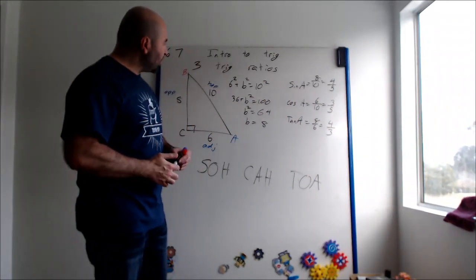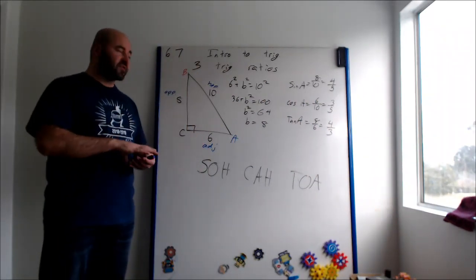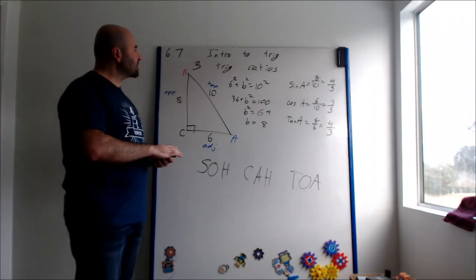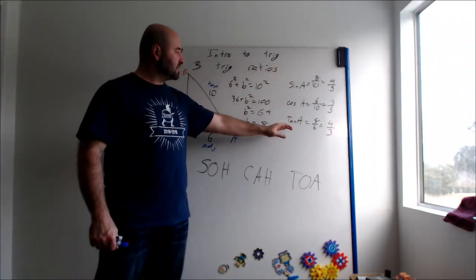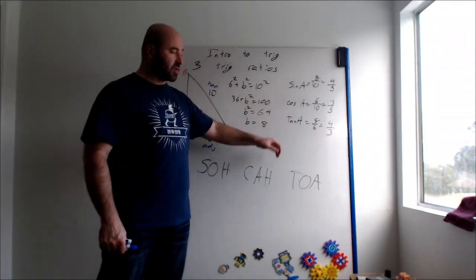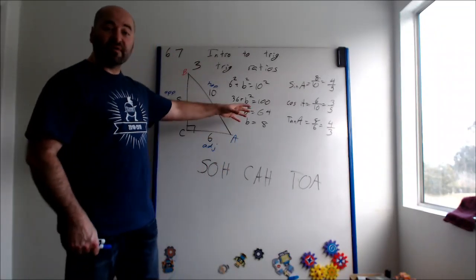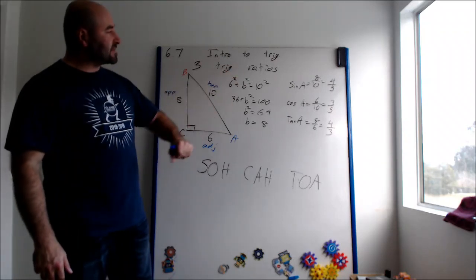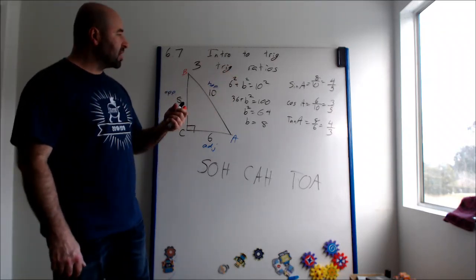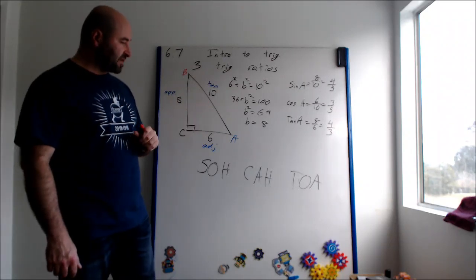And that's kind of all you're really asked to do in this first section on the intro, is just to get some practice on setting up these ratios. They will get more complex and more complicated as we move on, but for now, you're just setting up the ratios. Okay, so that's my setup for sine of A, cosine of A, and tangent of A.